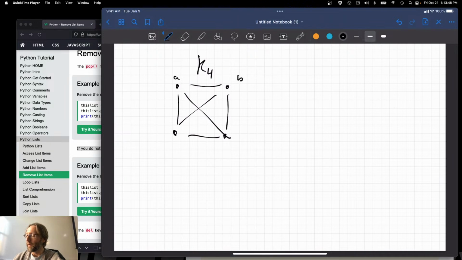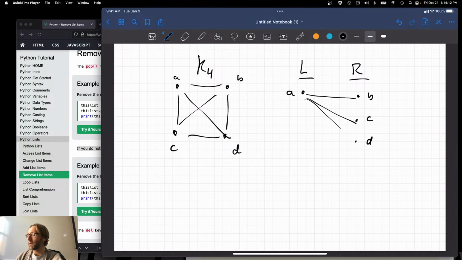A, B, C, and D. I'll start out with L being A. I'll put A into L. Now A is connected to B, C, and D, so where would I have to put those necessarily? In the other one, B, C, and D. I'm sunk here, right? Why? Because they're all connected to each other too. That's not bipartite. Okay, fine.